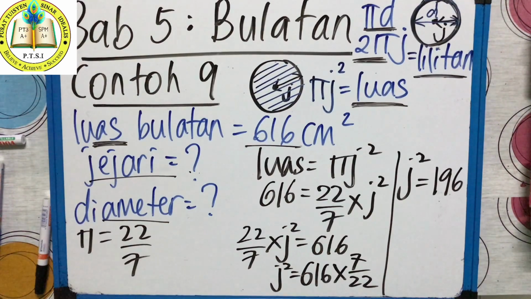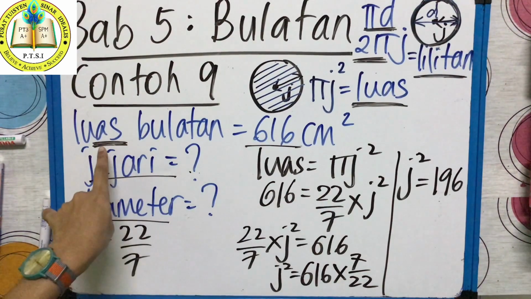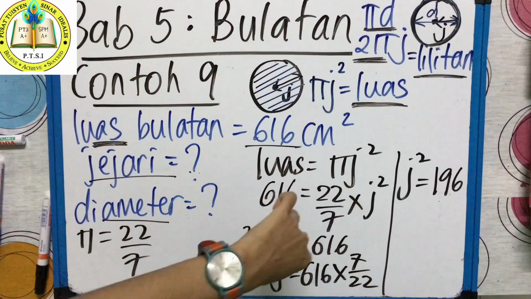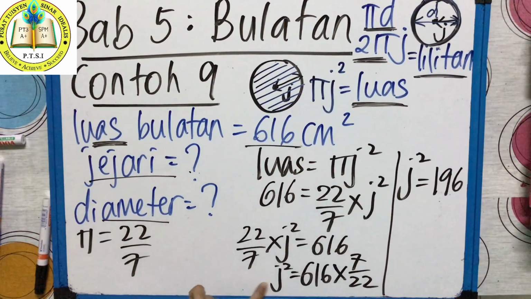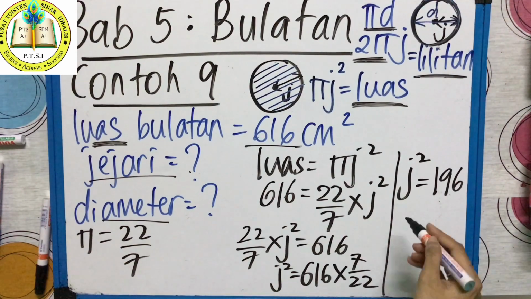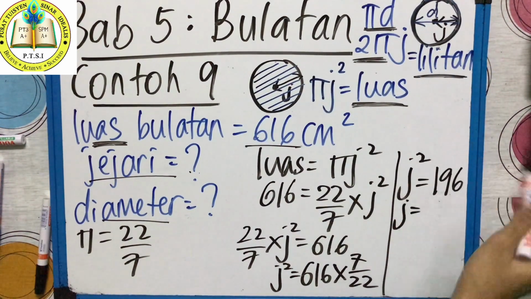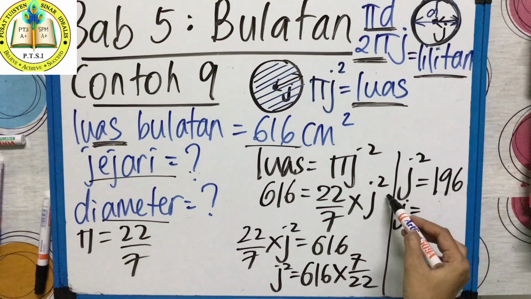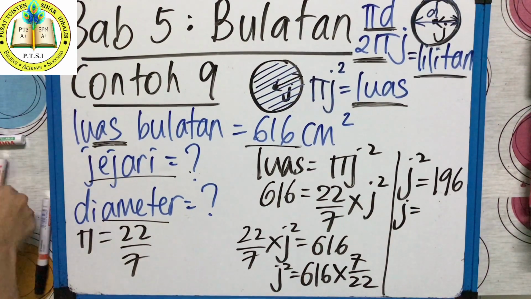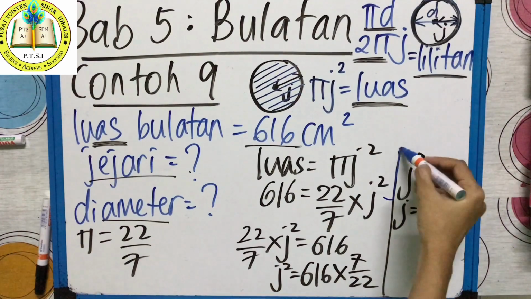Can you see, class? Why teacher uses the luas formula? Because the keyword is luas. So you already ganti, you solve it, you get J kuasa 2 equal 196. But if you only want to get the J, what you learned in form 1, kalau kamu tak nak kuasa 2, you don't want the square. So what are you supposed to do? I show in the blue marker, you make a root.